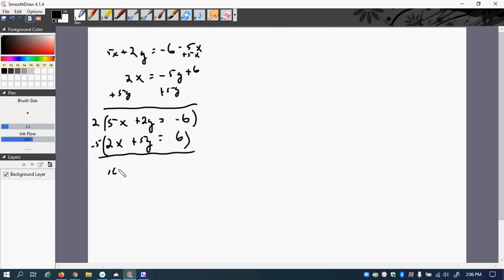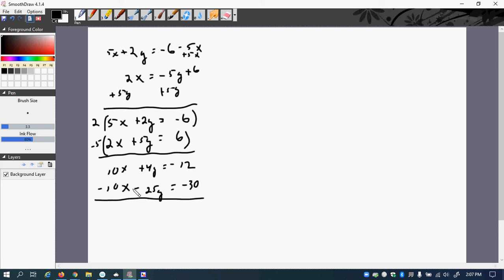So that's 10x plus 4y equal to negative 12. And then this is negative 10x, and that's minus 25y equal to negative 30.